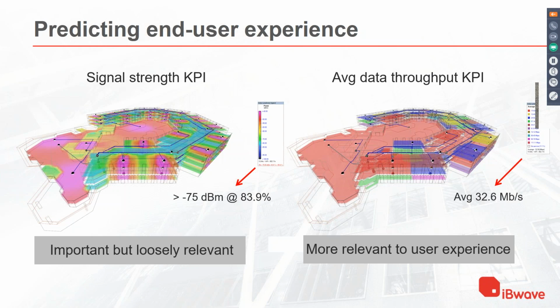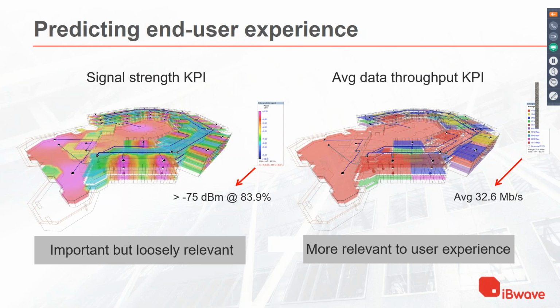It could be, for example, I don't know, make sure that the average data throughput is at least 10 megabits per second everywhere. Or maybe 20 megabits per second on at least 90% of the square footage area, or overall across the floor.